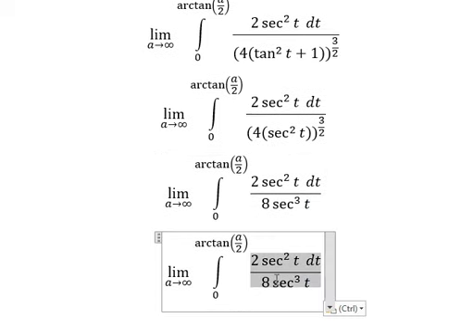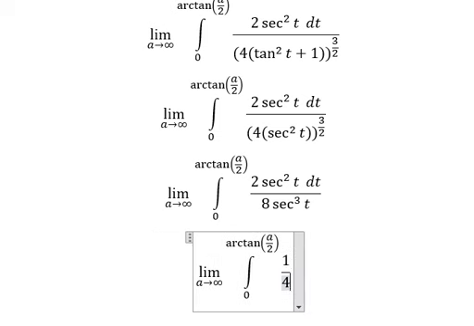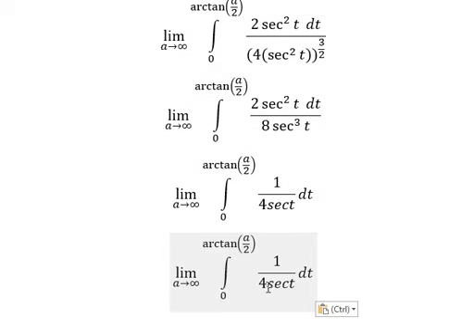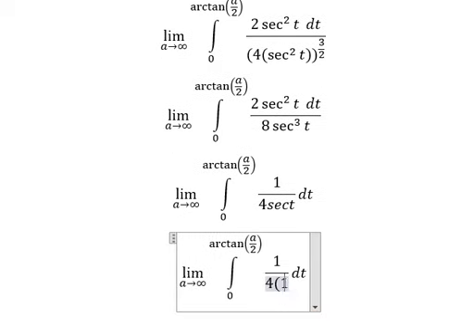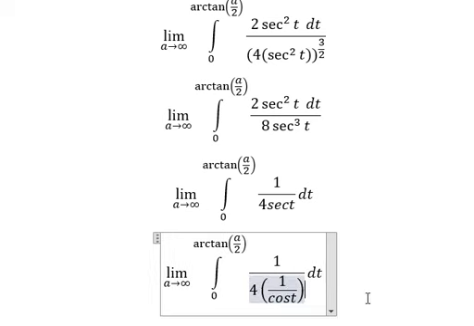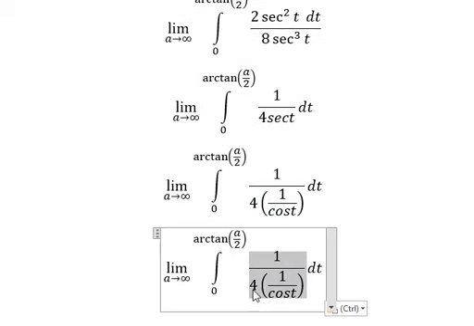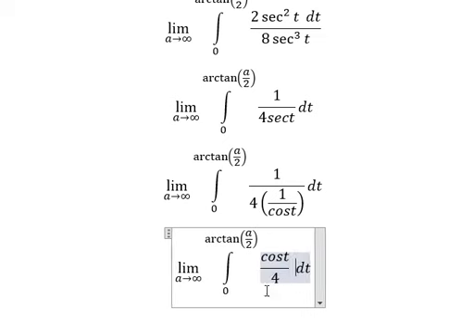Next, we simplify this one and we have 1 over 4 secant of t dt. So we know that secant of t is 1 over cosine t. This one we have cosine t over 4.